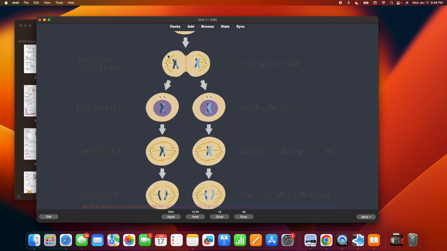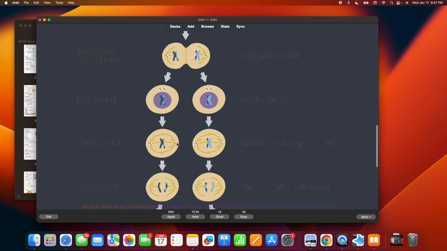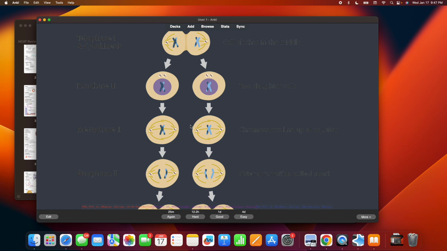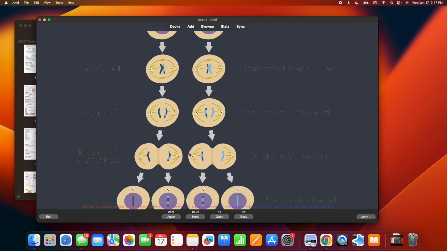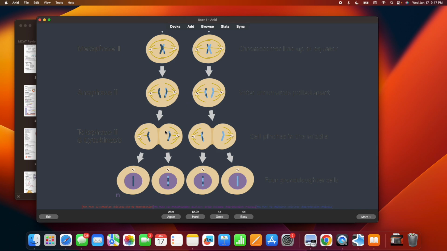Then you have telophase 1 and interkinesis, and now you come again to prophase 2, and these two cells do the mitosis again, and that's why you get these four. So at the end you have 4 haploid cells after 2 division cycles, known as meiosis.